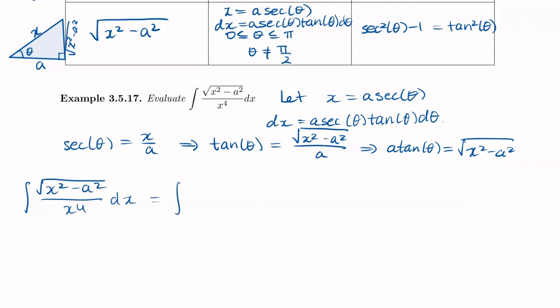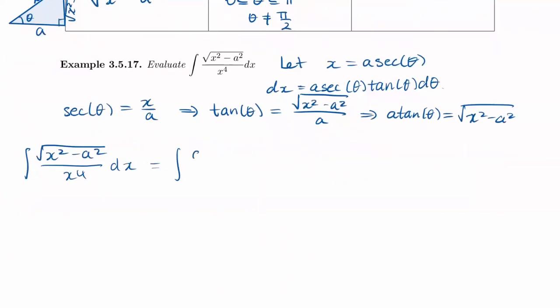So that means the integral of a tan theta divided by, the x to the fourth is going to be a to the fourth secant to the fourth theta, multiplied by dx, which is a secant theta tan theta d theta.